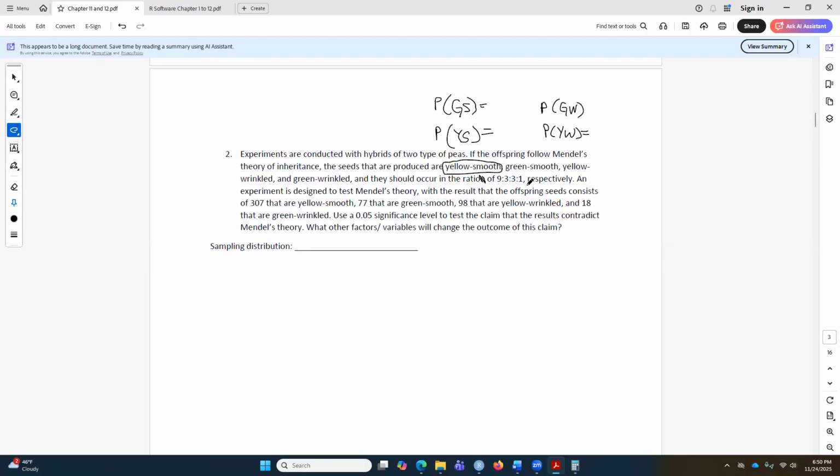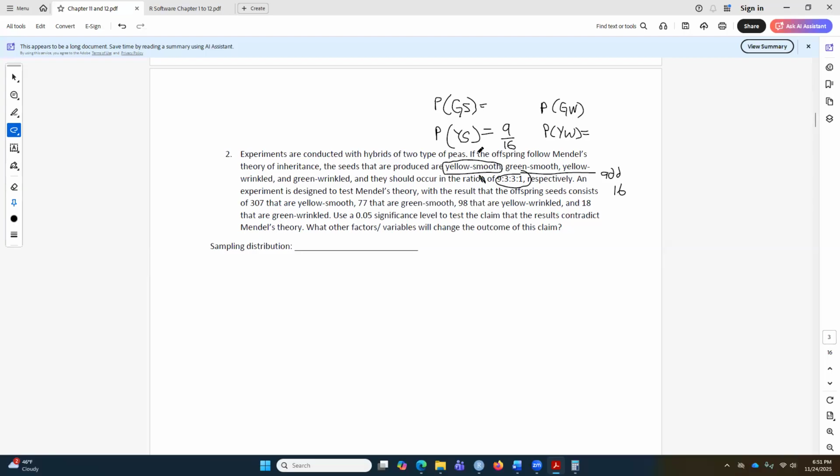Now I need to teach you how to find this using probability, because you cannot put 9:3:1 in your RStudio. 9 is for the yellow smooth, and then you have to add all these numbers. So what is 9 plus 3 plus 3 plus 1? That will be a total of 16. Yes, so make sure you add all this. That gives you 16 here.